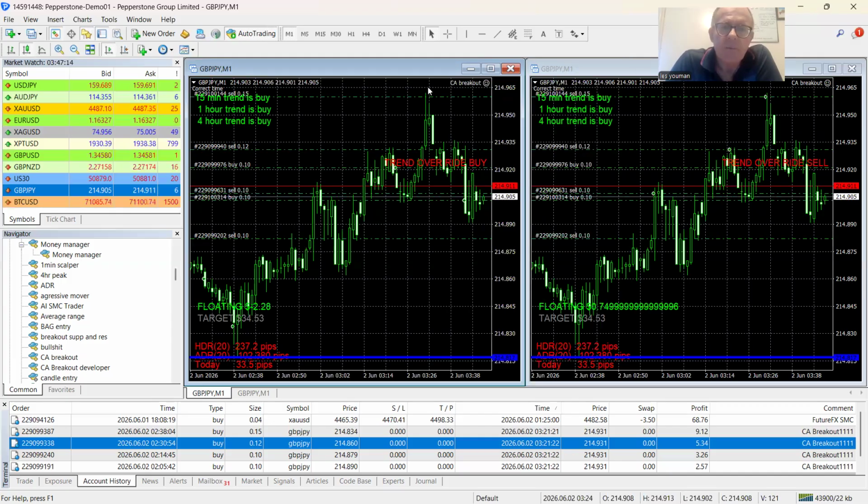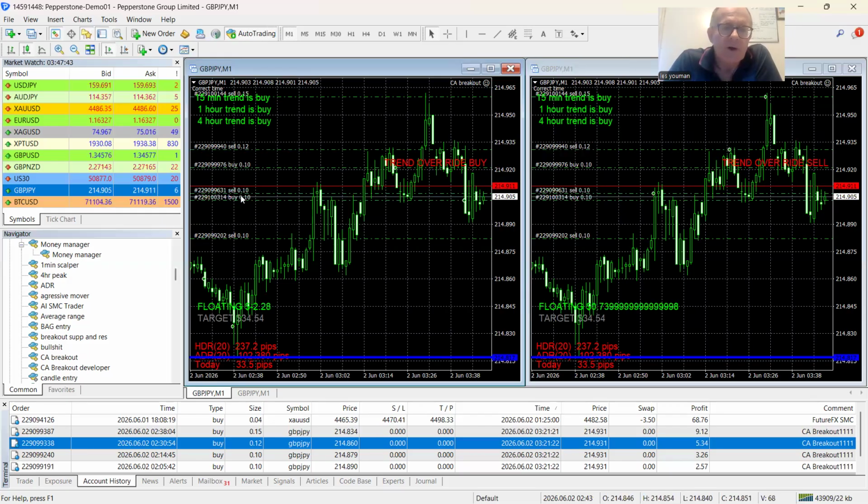Originally down here, it took out a sell order. And then as the market moved up, it took out another sell order and another sell order and another one here. And now if it retraces just a little bit further, it will close out all of the sell orders at whatever profit we've set it at.